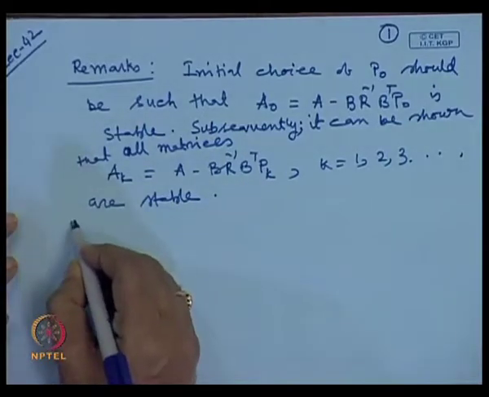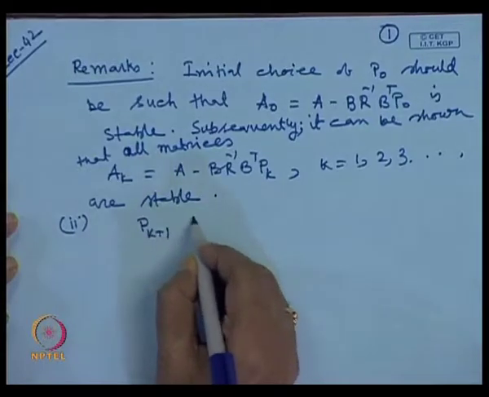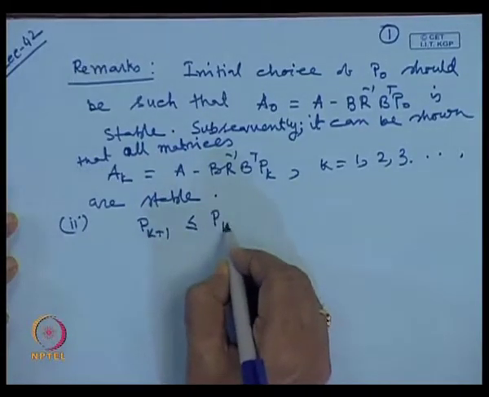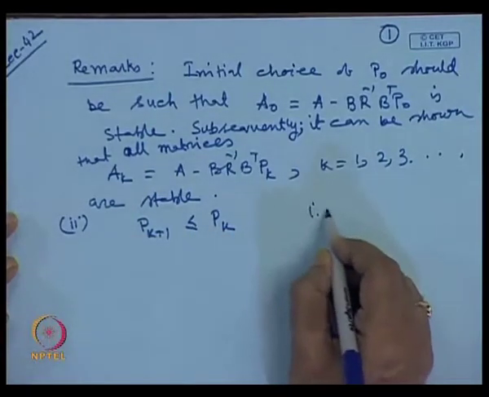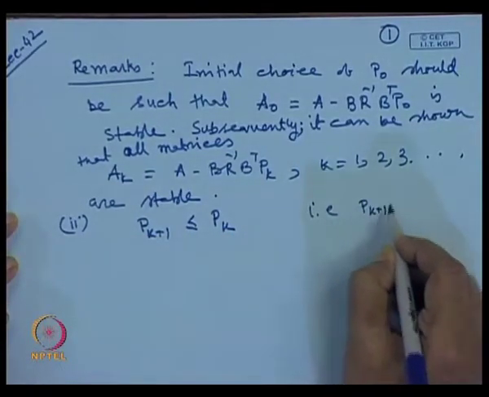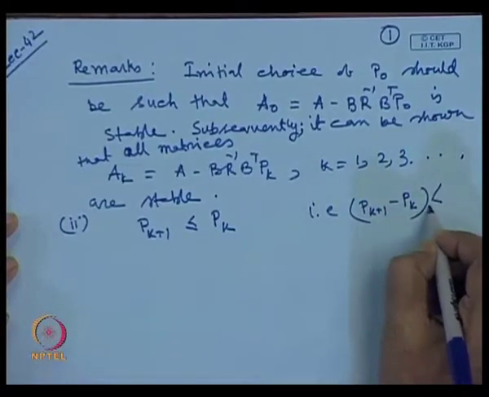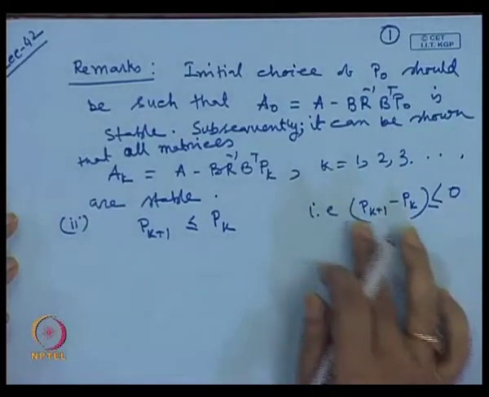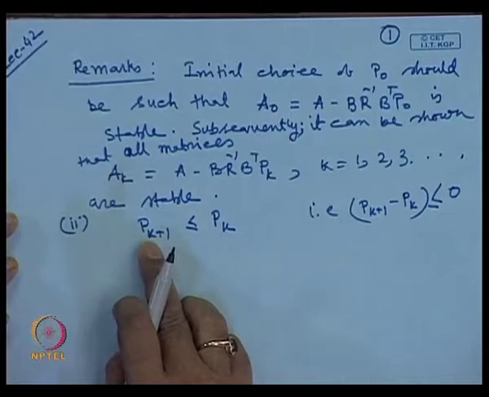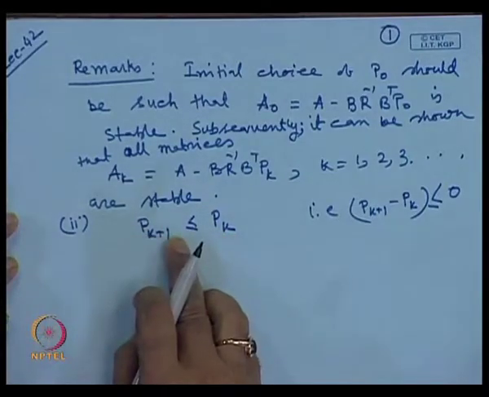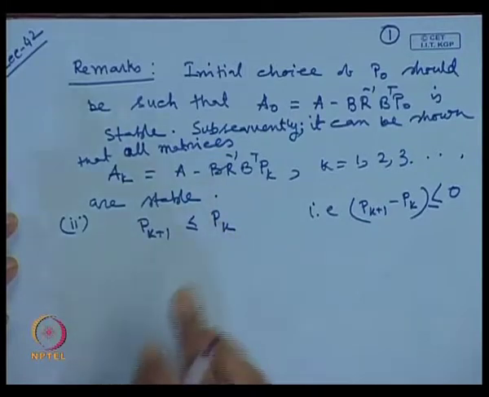The next observation is that P k plus 1 is less than or equal to P k. That means P k plus 1 minus P k is less than or equal to 0, which means this is a negative definite matrix. In other words, P k plus 1 is less positive definite than P k.